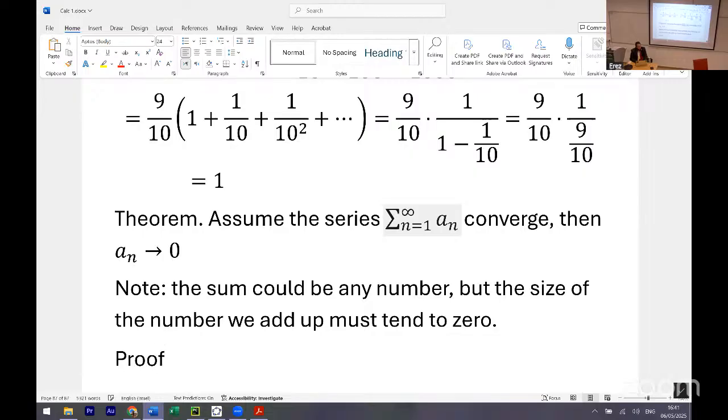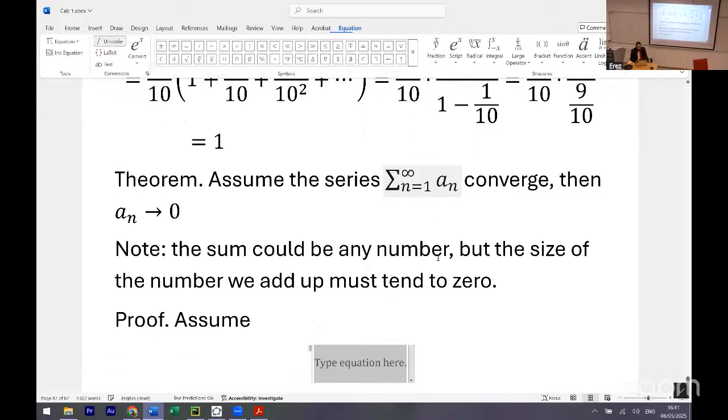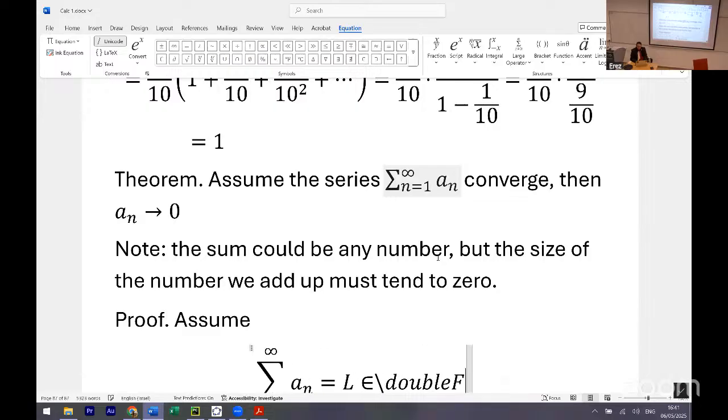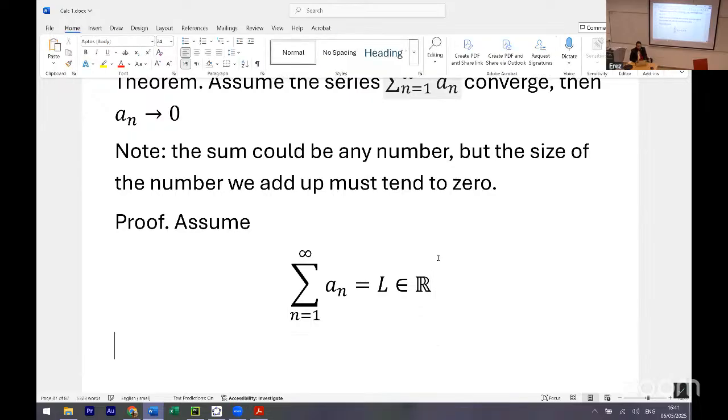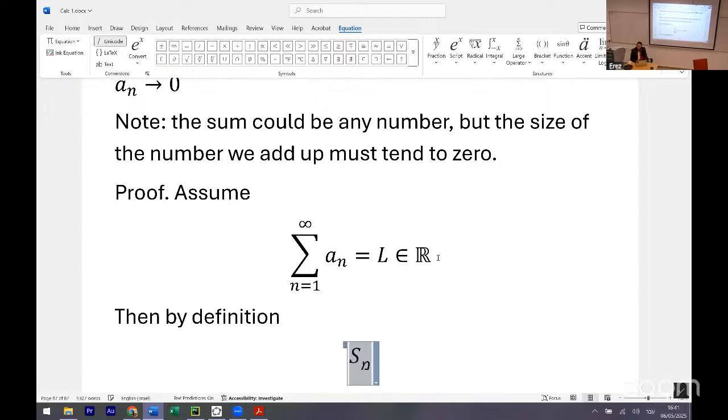Proof. Assume the series, the infinite sum, is equal to L, some real number. Then, by definition, the limit of Sn is L. Agreed?